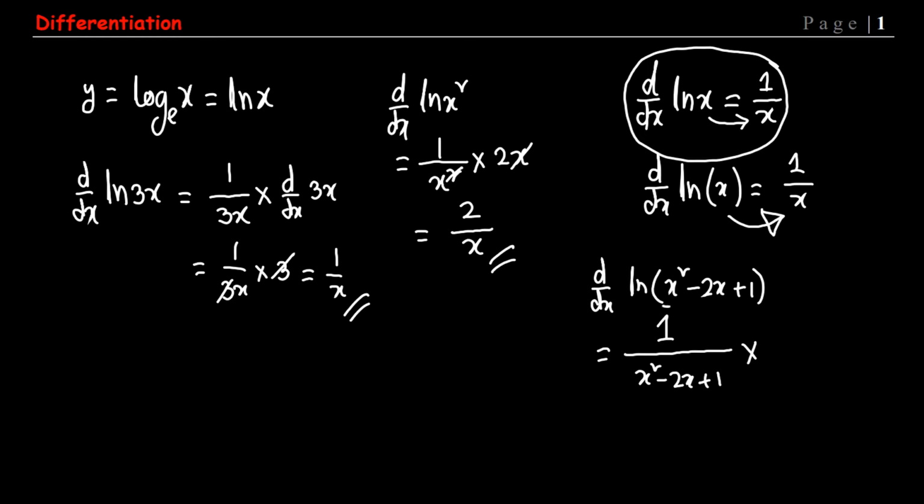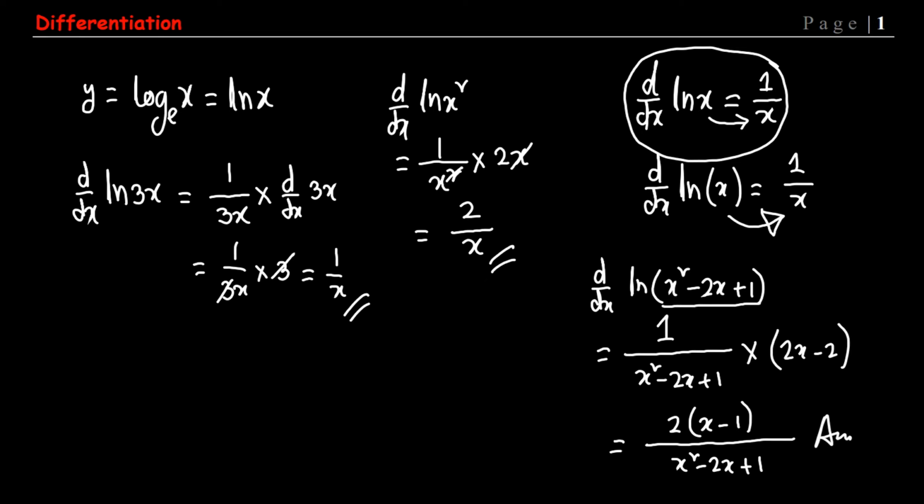Then differentiate inside the bracket, we get from here 2x minus 2. So by simplifying it in a simple form, by taking 2 common, you can write the answer 2 into x minus 1, and the denominator x square minus 2x plus 1. So this is our answer of this part.